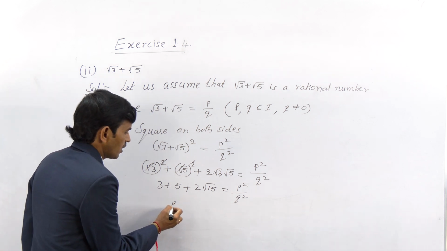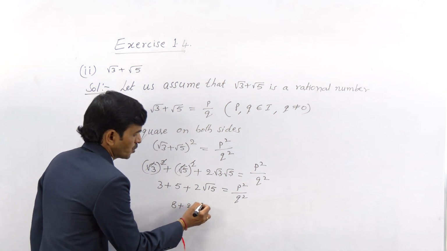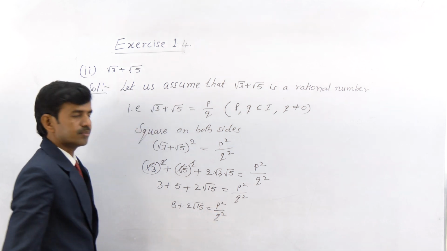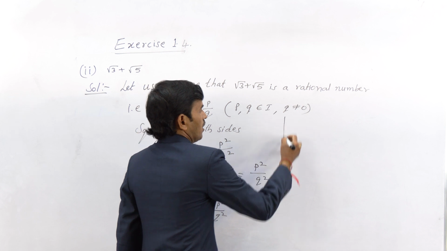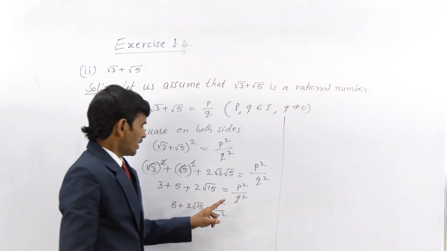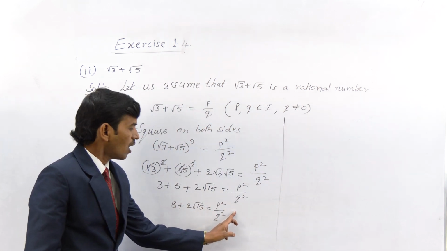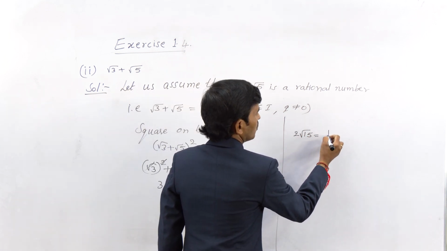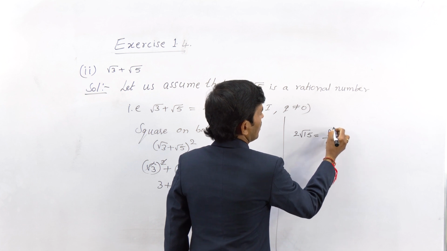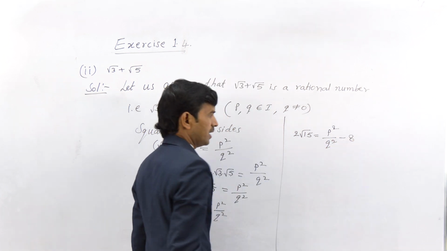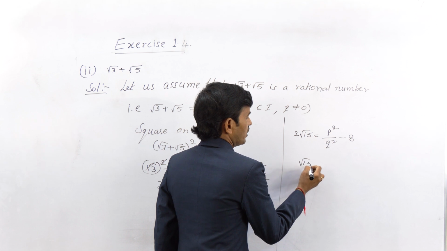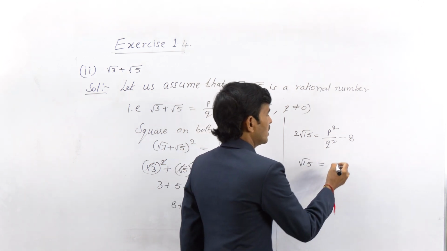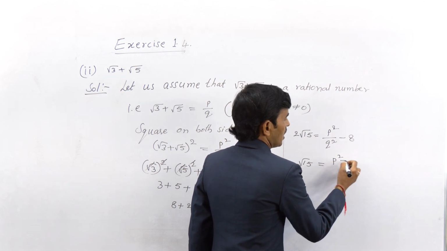Now 3 plus 5 gives us 8 plus 2 root 15, which is equal to p square by q square. We can transfer this plus 8 towards the RHS, so 2 root 15 is equal to p square by q square minus 8.